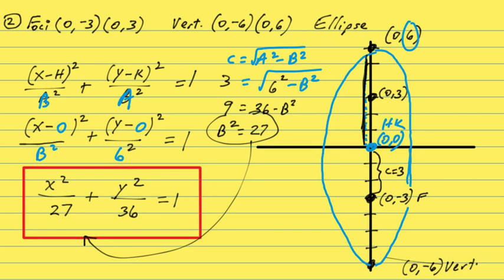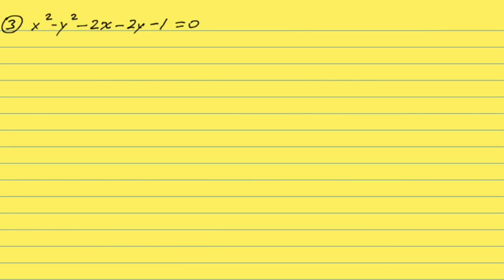As we move on to question 3, I notice that both variables are squared. They are subtracted, which tells me it's probably going to be a hyperbola. So I'm going to rearrange it. I'll put the x's with the x squared, leave a space, there's a minus, and I'll put the negative 2y with the y squared. And I'll add the 1 to the other side. To complete the square, you have to have a leading coefficient of 1.